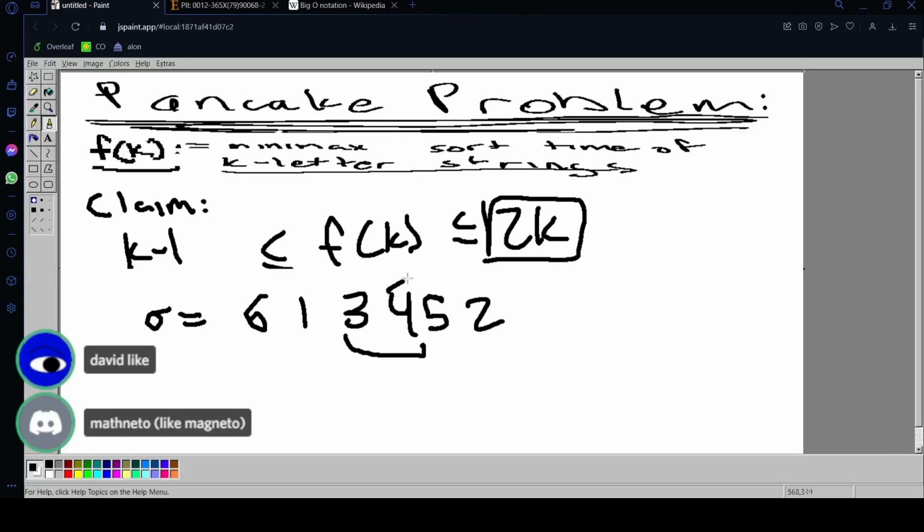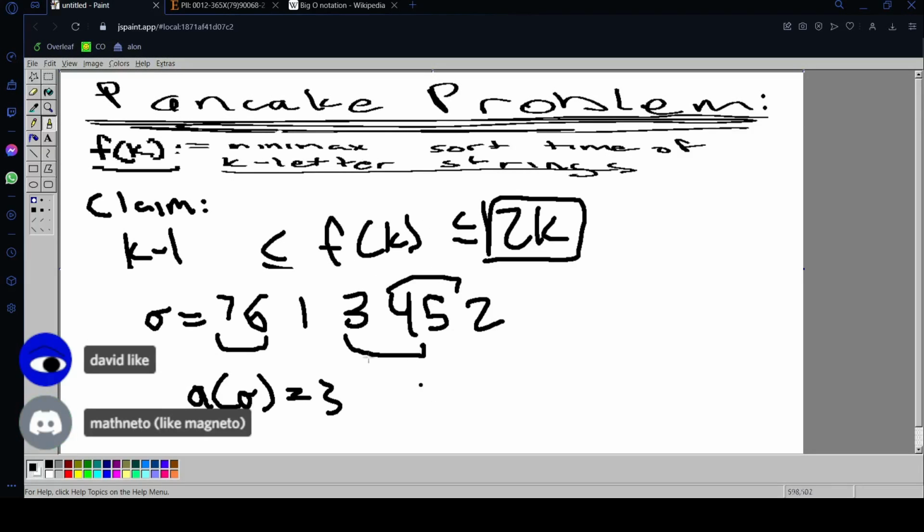And 4 and 5, again, are consecutive and their values are 1 apart. If we added a 7 here, then they'd also be adjacent. So in this example, A of sigma is defined to be equal to 3 because we got 3 adjacencies.